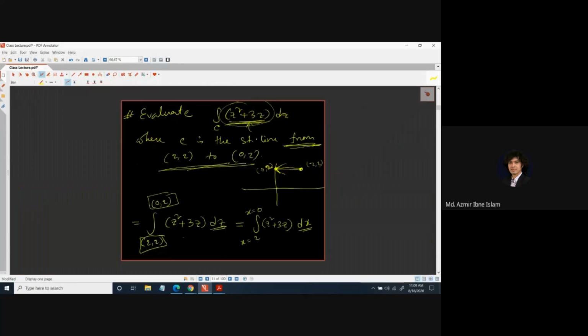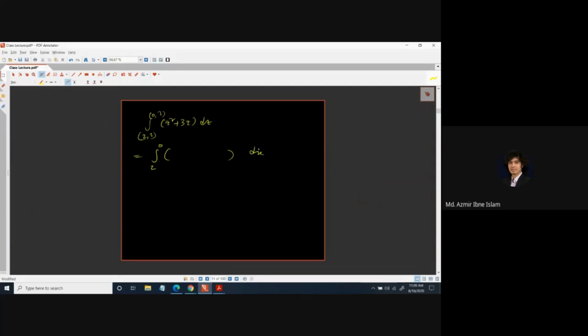Okay, so we are sure that we are integrating this time in terms of x. So at this moment we have to convert z to x plus yi. So (x plus yi) squared plus 3 times (x plus yi).